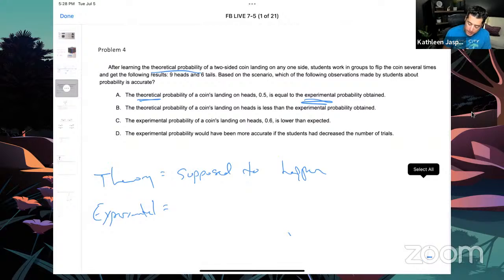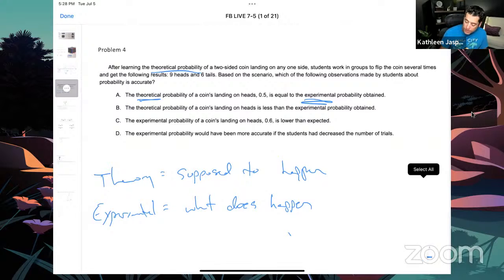Experimental probability is what does happen. That's the best way that I can make sense of that right now. So in theory, if everything was in a perfect world, if you flip a coin, what is the probability of getting a heads or a tails?